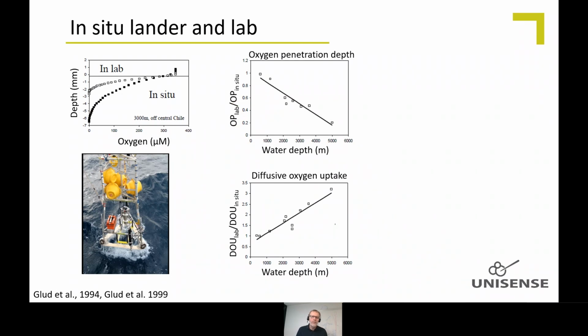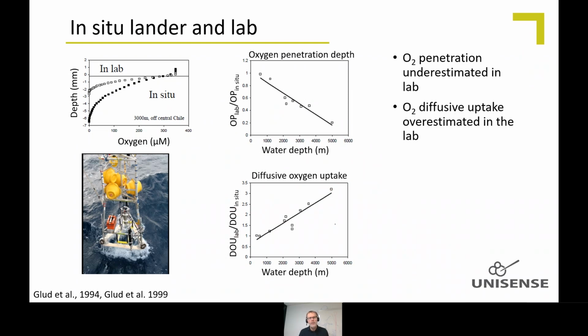When you then calculate the diffusive oxygen uptake, you get an overestimation of the diffusive oxygen uptake in the lab relative to that in situ, up to a factor of 3.5 at 5 kilometers depth.